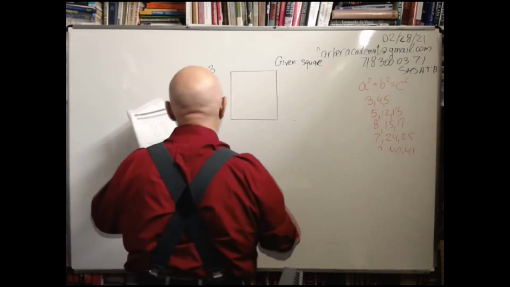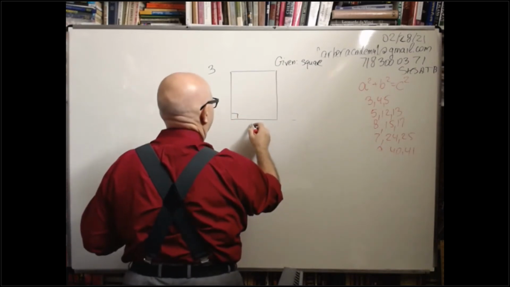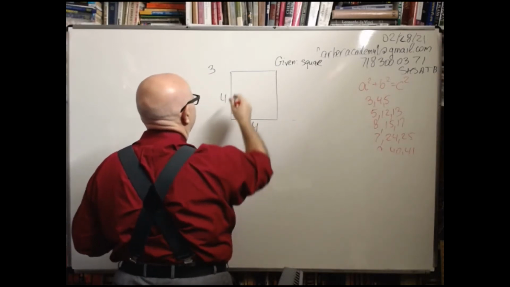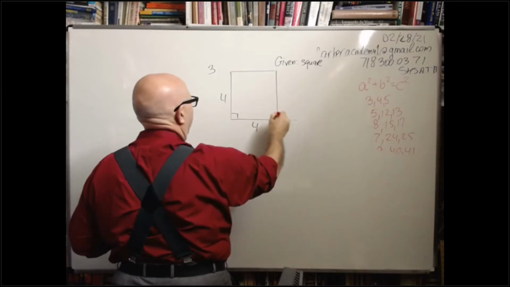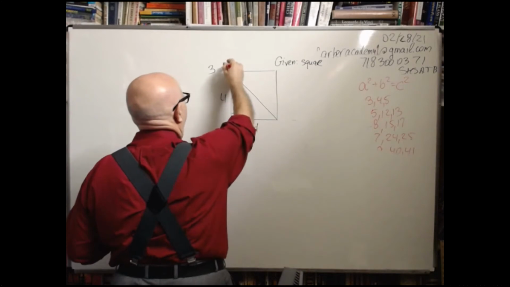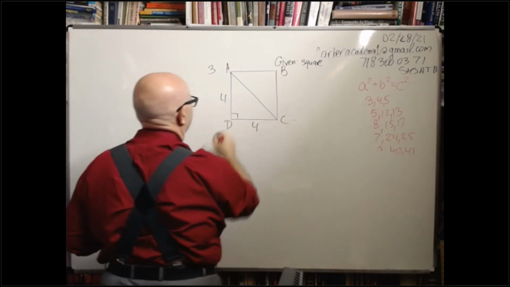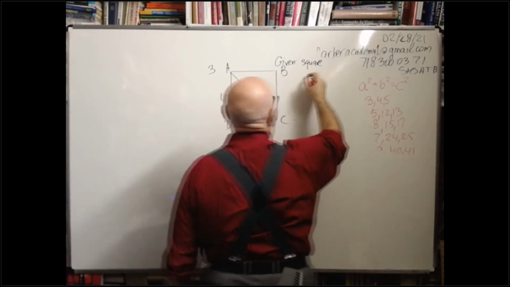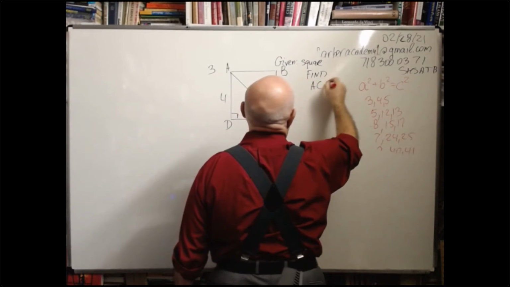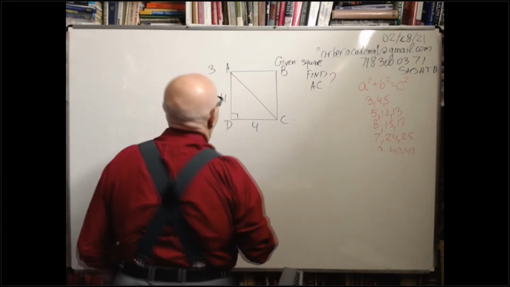And one side of this square, let's say, equals 4. And they ask you to find the diagonal. A, B, C, D. Find diagonal AC, question mark.